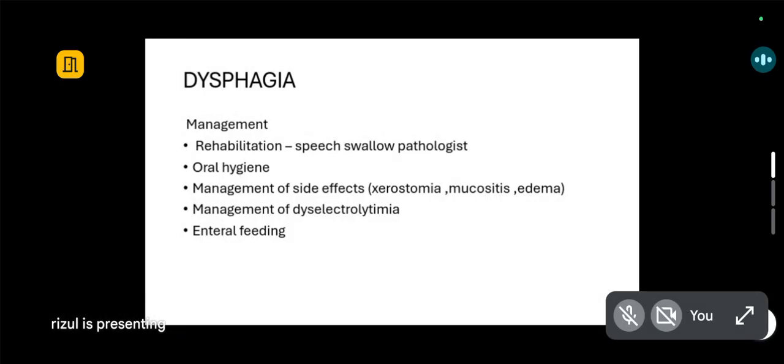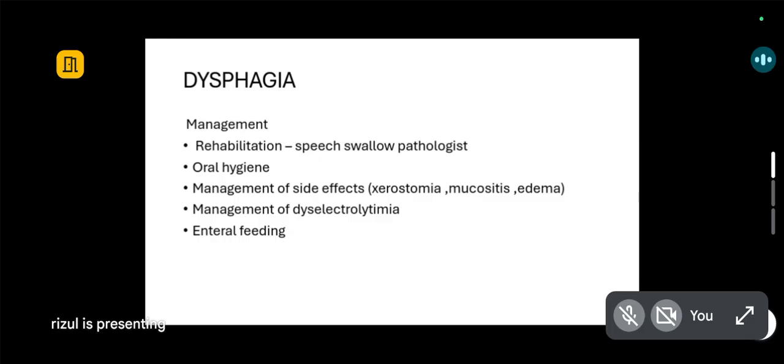Then if the patient has the complaint of dysphagia, which most patients already have, rehab is a very important thing. So we should always take the opinion of a speech and swallowing pathologist. Oral hygiene maintenance is important.